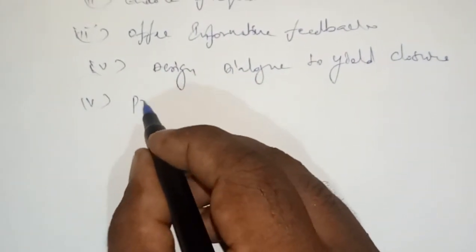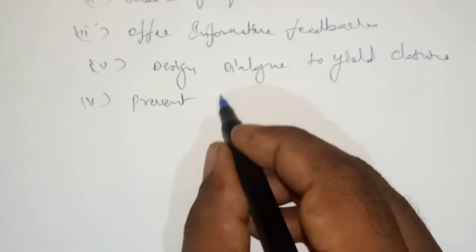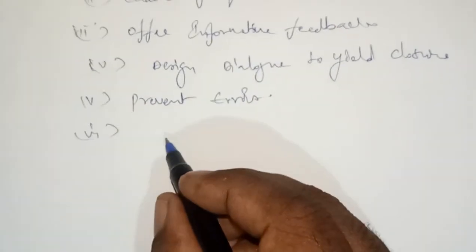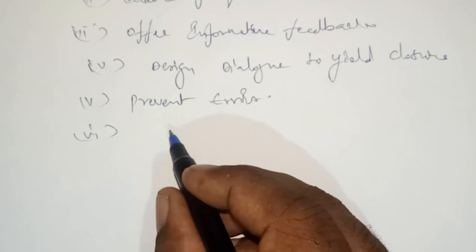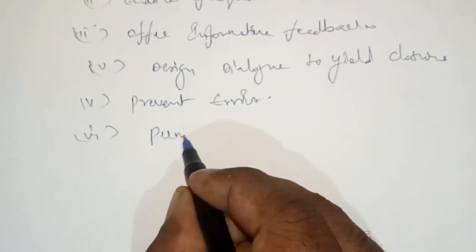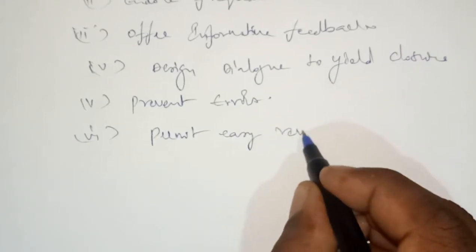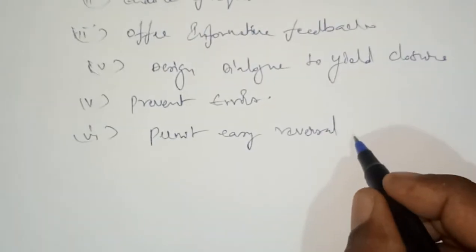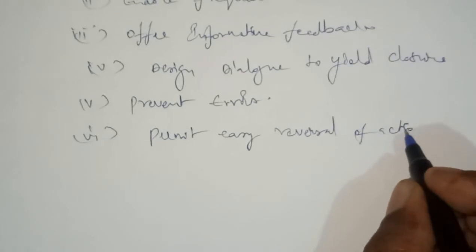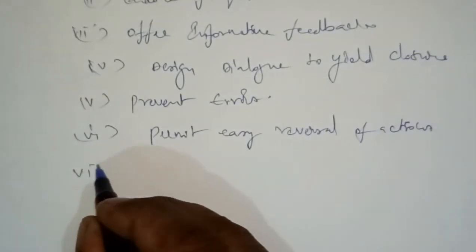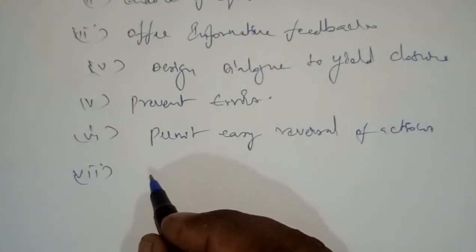Fifth one, prevent errors. Sixth one is permit easy reversal of actions. Seventh one is support internal locus of control.